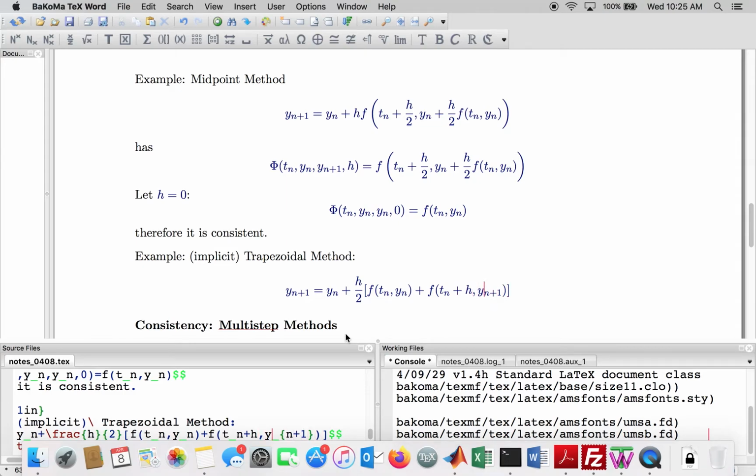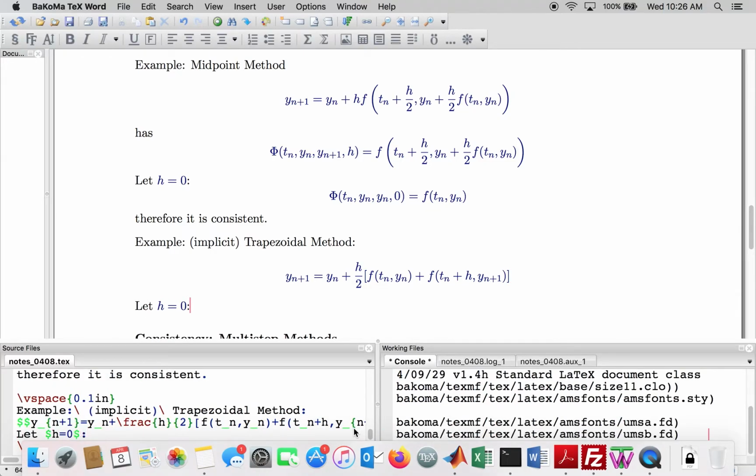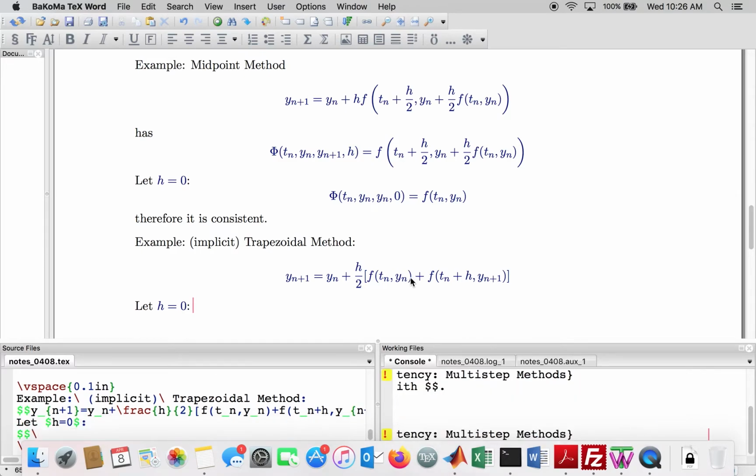So this is really t_{n+1}, but I could also write it as t_n + h, because that's what it is. So this part in the square brackets is our phi.